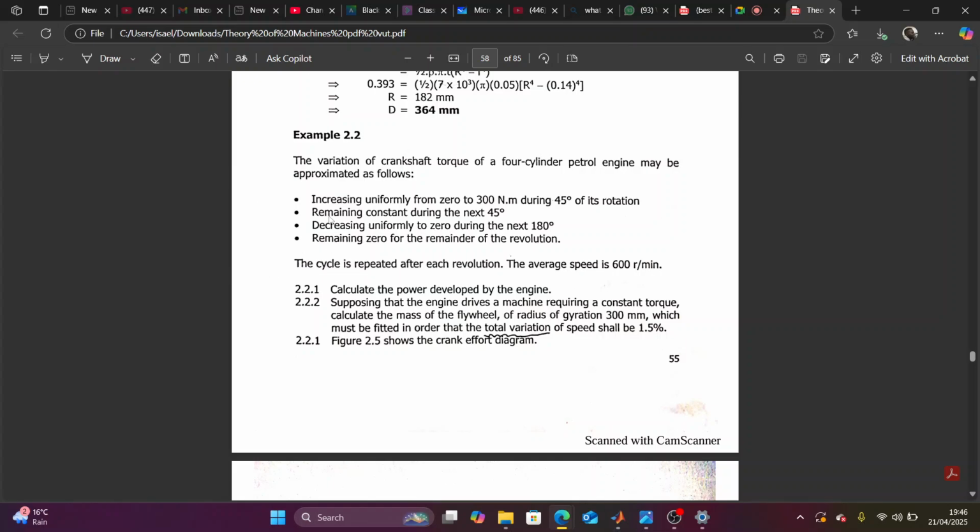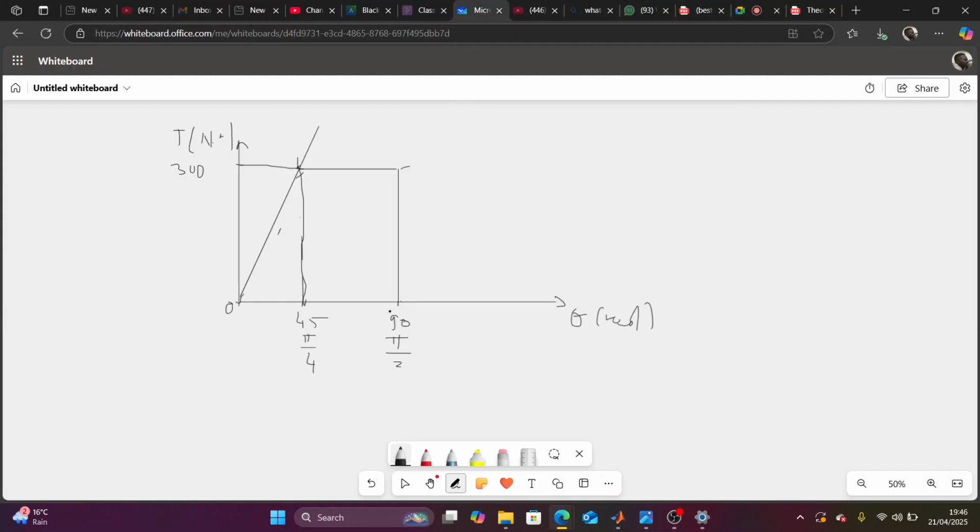Now, they said decrease uniformly to 0 during the next 180. What is the next 180, Andile? The next 180 is simply 90 plus 180. What is that value? It's 270. 270 is here. Do you agree? You don't have to be as accurate, but you can just show.